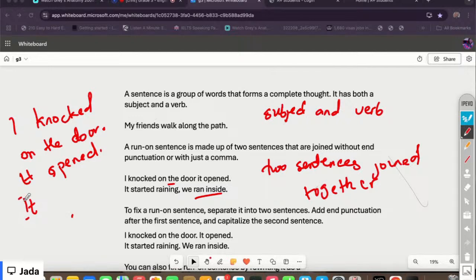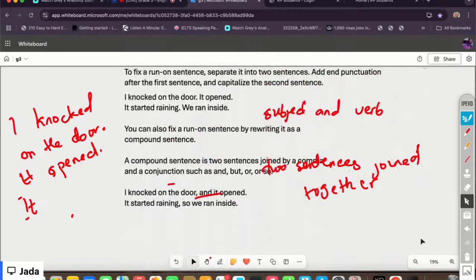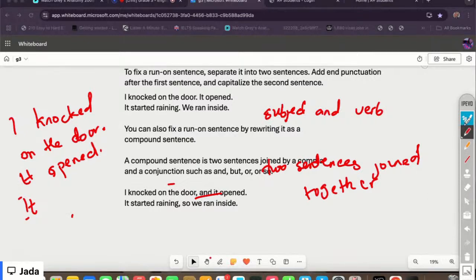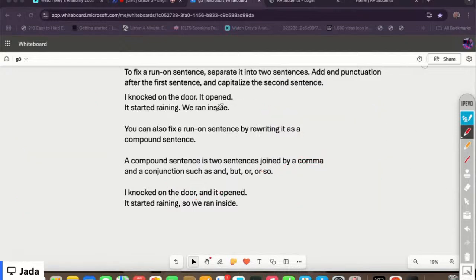You have to do it like this: I knocked on the door, with the period. It opened. It started raining. We ran outside. So you put a period between them, and then the next sentence is supposed to start with a capital letter.